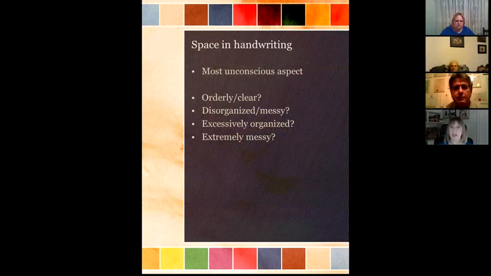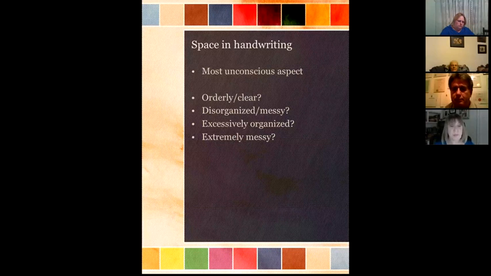Space, as I said, is the most unconscious aspect of handwriting, and what we're looking for is how orderly is the writing? Is it nice and clear and there's no lines hanging down, loops hanging down into the next line? Or is it very disorganized? Or is it excessively organized?